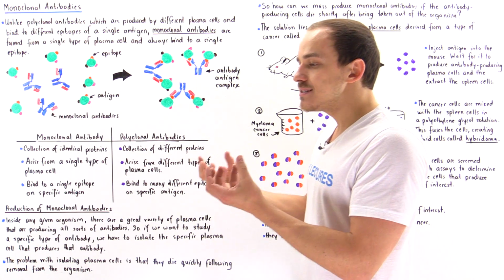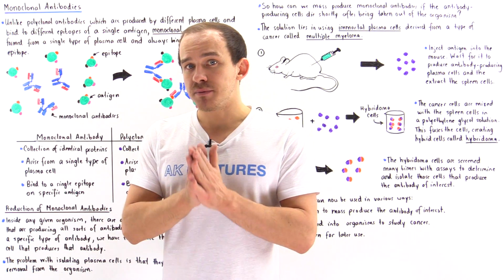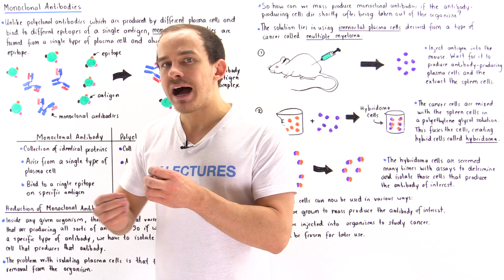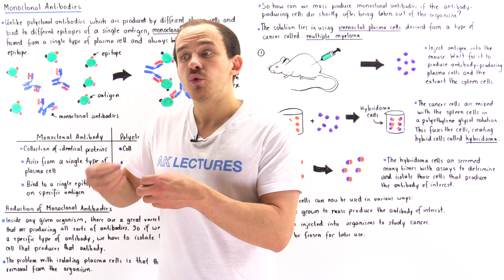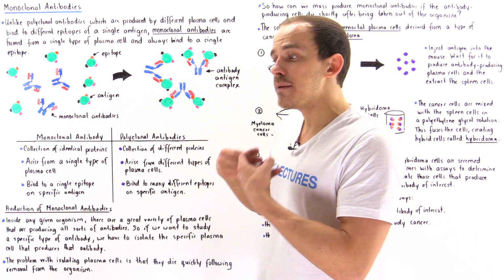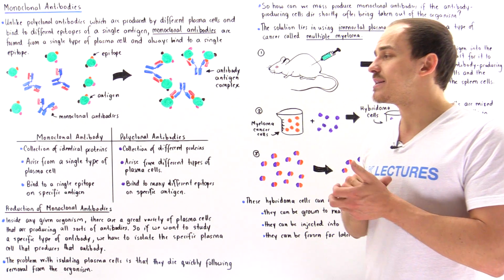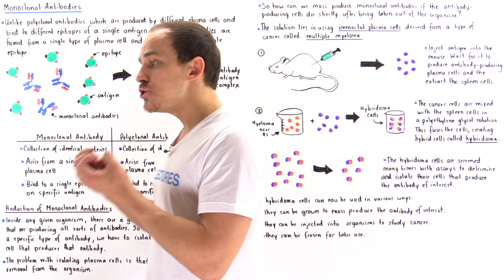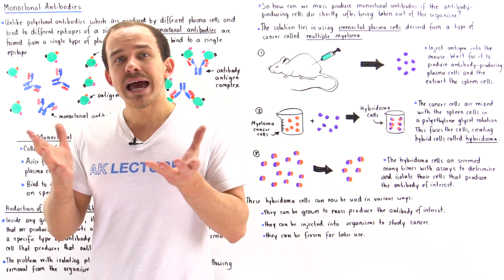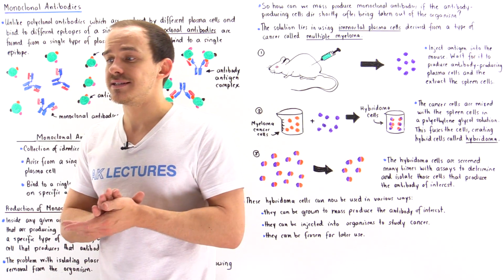Now, once we isolate those specific plasma cells, we can then divide those plasma cells many times via mitosis, and those plasma cells, as they grow, produce those antibodies that we want to study. So in this way, theoretically, we should be able to build as many specific antibodies as we'd like.